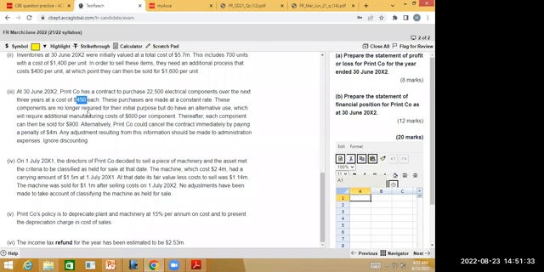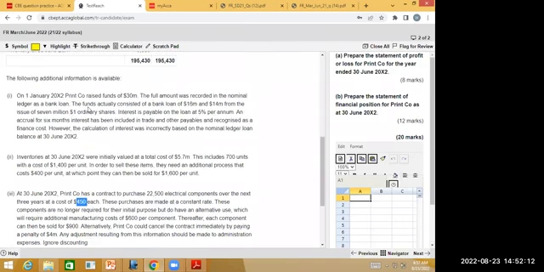The components are no longer required for their initial purpose, but do have an alternative use which will require additional manufacturing cost of 600 per component. Thereafter, each component can be sold for 900. Alternatively, the print company could cancel the contract immediately by paying a penalty of 4 million. Any adjustment resulting from this information should be made to the administration expense. Ignore discounting.